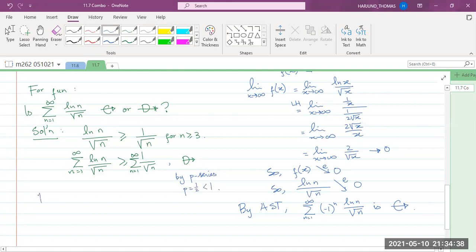So by the comparison test, the series is divergent.